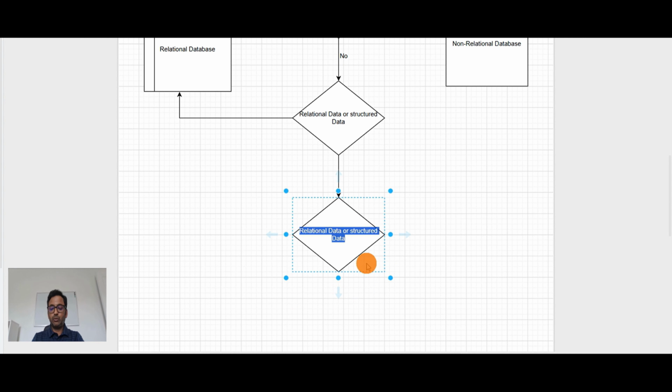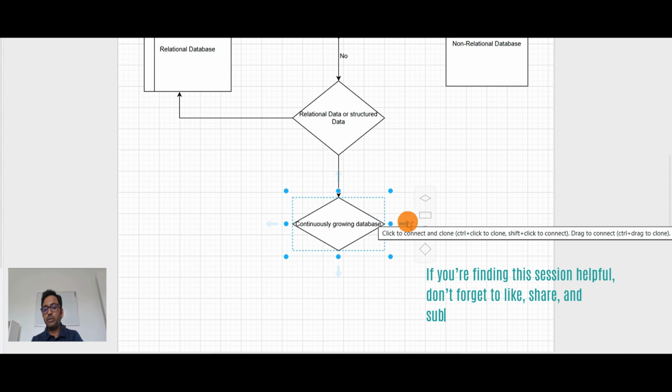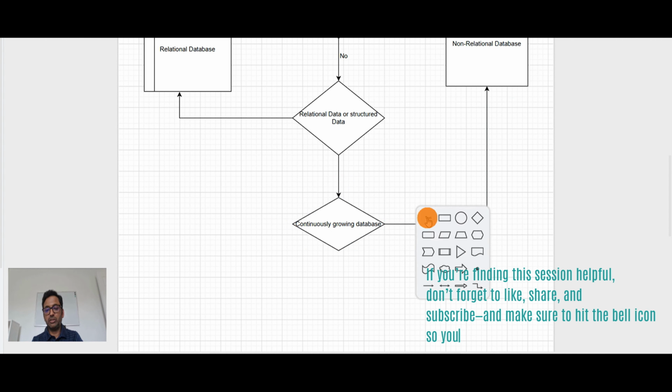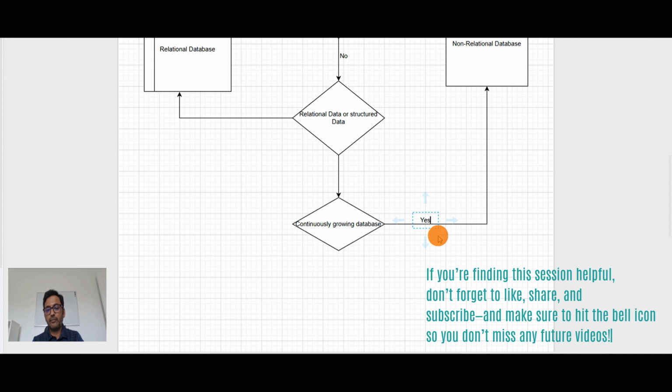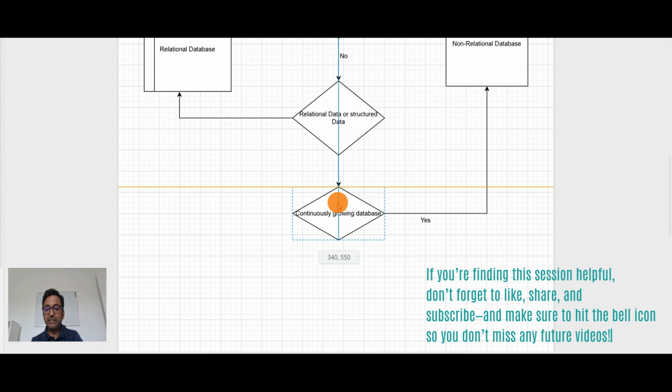We have further questions. Is it a continuously growing DB? If it is a large and continuously growing DB, now I am sure it has to be a non-relational database, because a relational database like SQL gets slow over time.